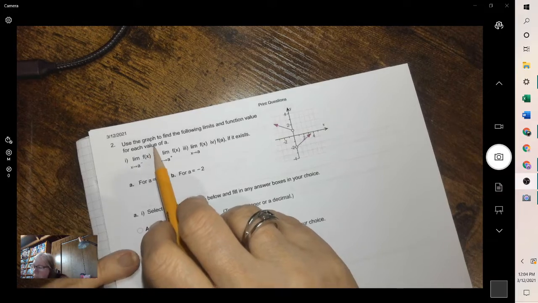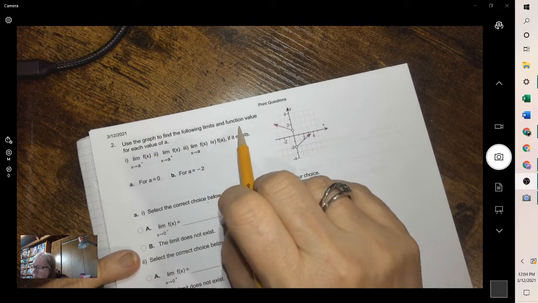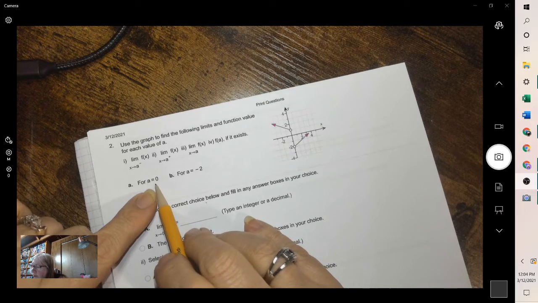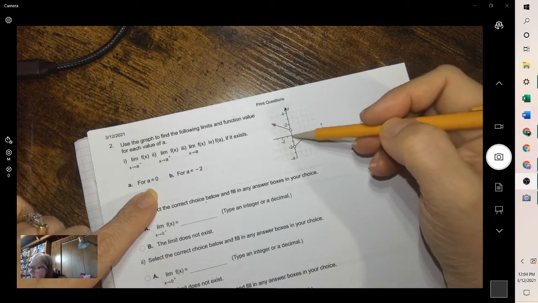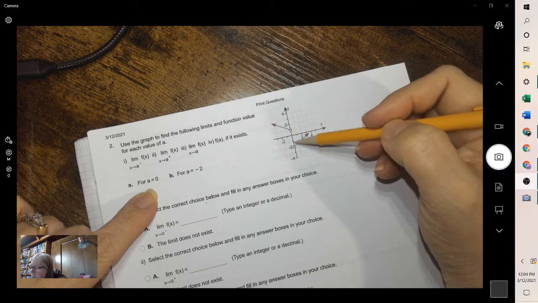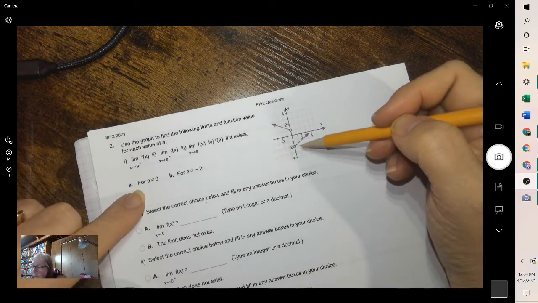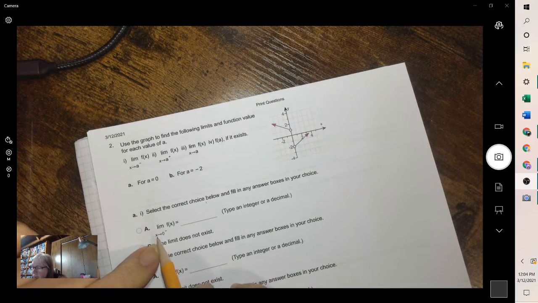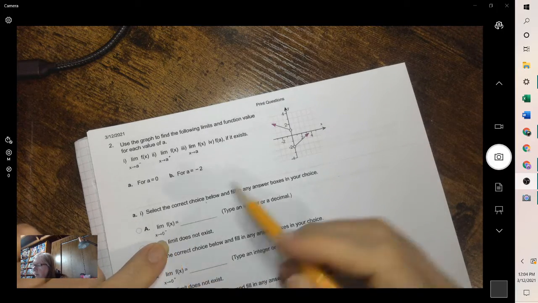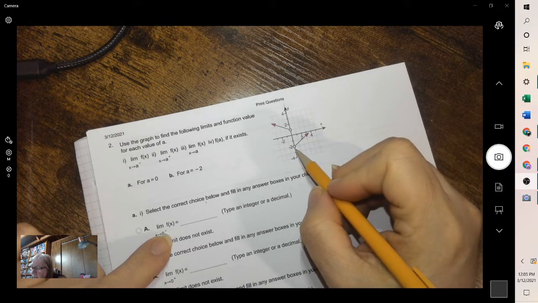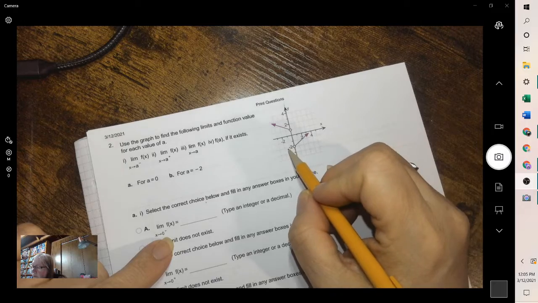Use the graph to find the following limits of function values. And we're saying when a is 0, notice it's 0. The two are coming in together at different values. So it says the limit as x approaches 0 from the left. So for here, the left means a little smaller. It would be over here.